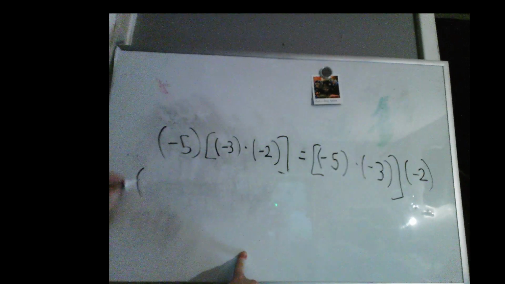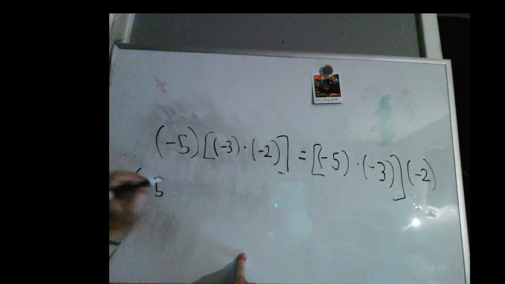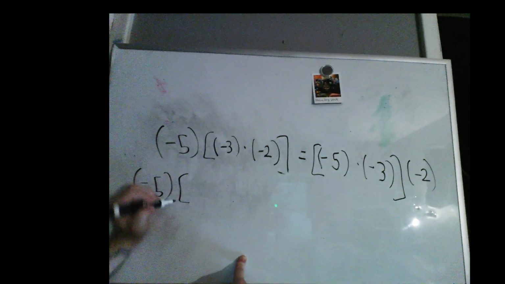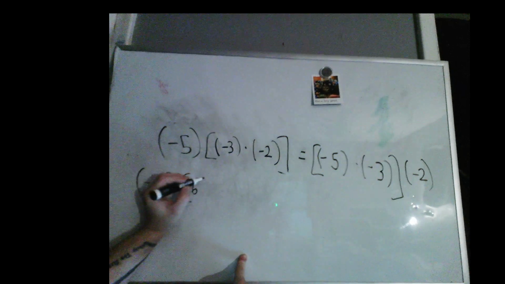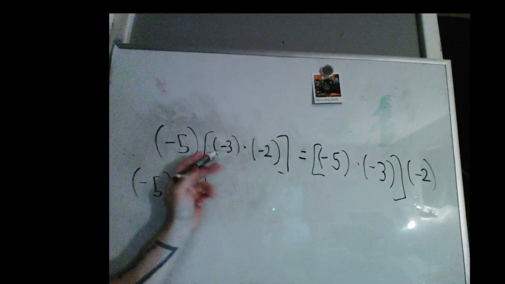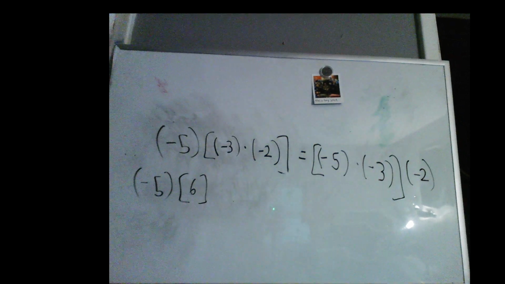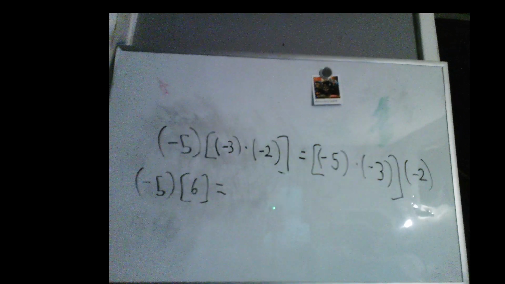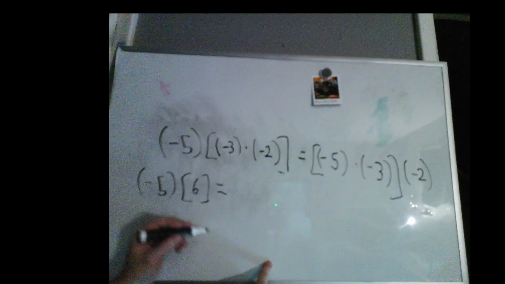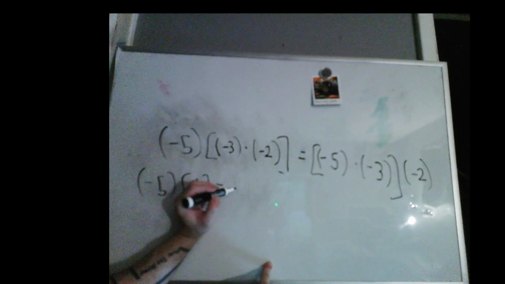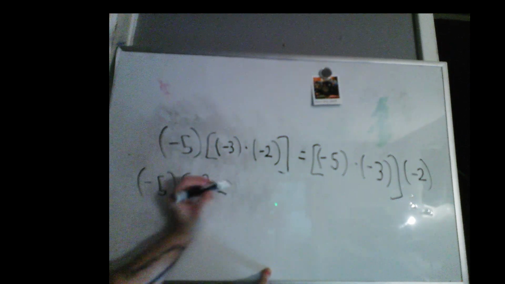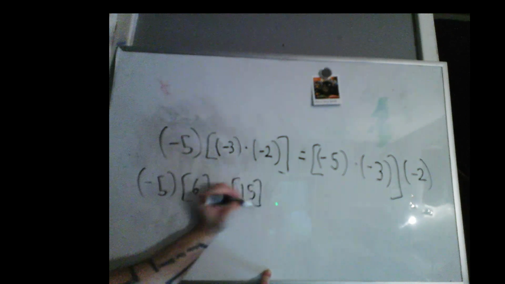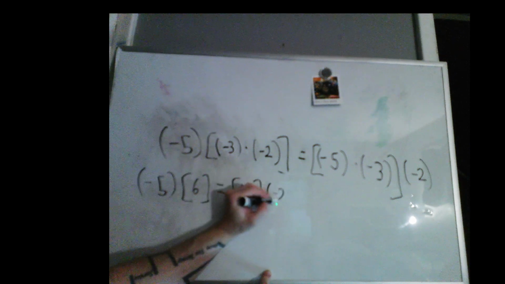I'll go ahead and simplify this so it's a little bit easier to read. Two negative numbers multiplied together equals a positive number, so negative 3 times negative 2 is 6. Then we have negative 5 times negative 3, that is 15, times negative 2.